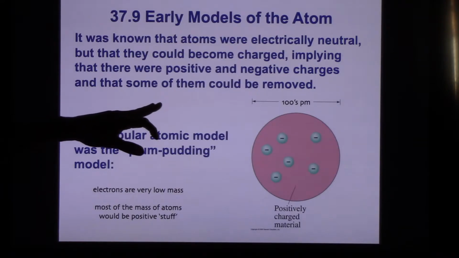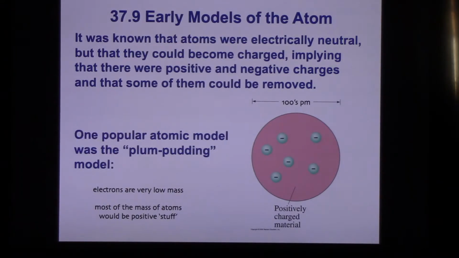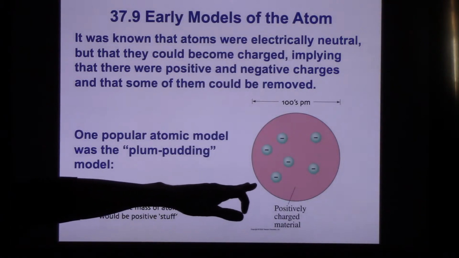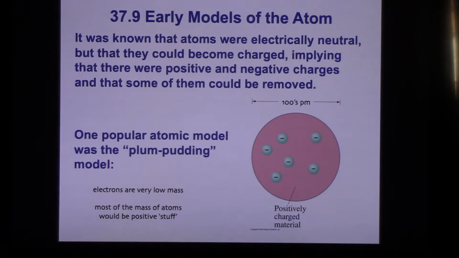Early models of the atom, around what do we want to say this was, 1915? Or 1900 actually. What happened was electrons were discovered. It was discovered that almost any material, if you put it in a vacuum tube and you put a high voltage source on it, you could generate a current. Any material, you could drive these electrons off and you could measure their properties.